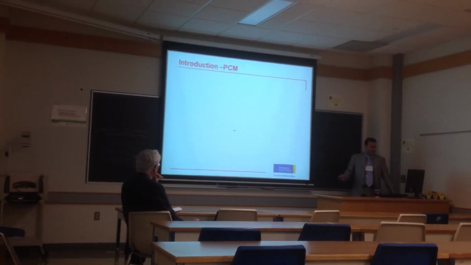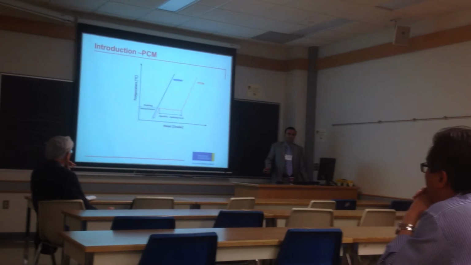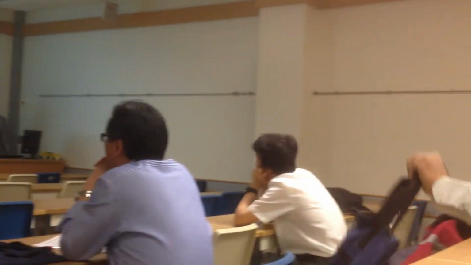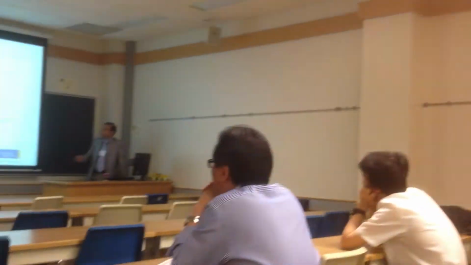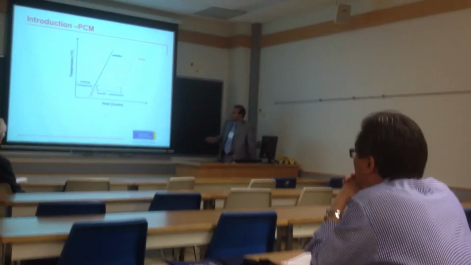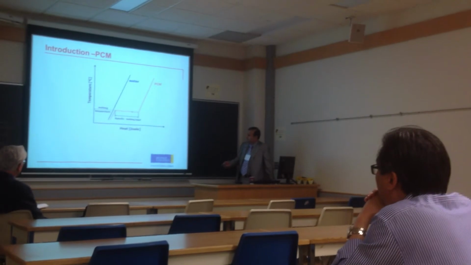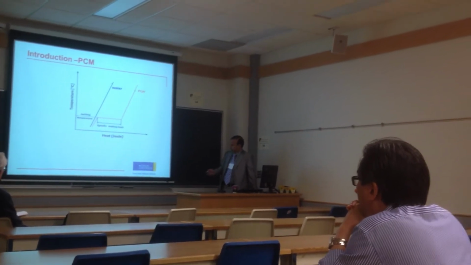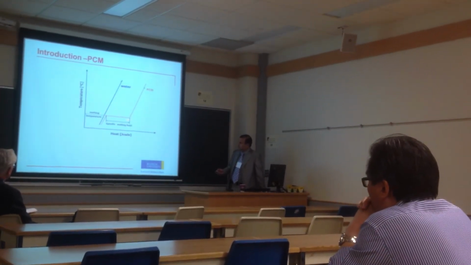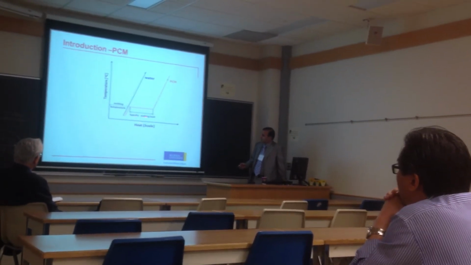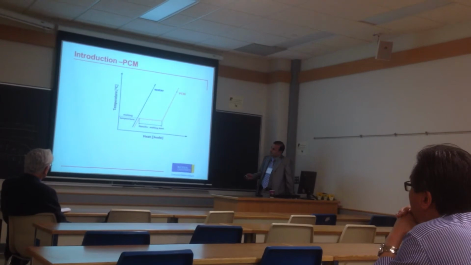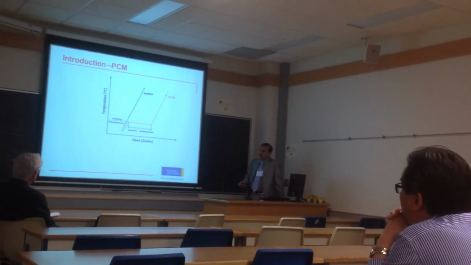So having said that, let's see how PCM work with respect to sensible material like water. When we heat up the PCM, it just passes through this path, which is fixed temperature, and heat absorbed, and then in the reverse release.